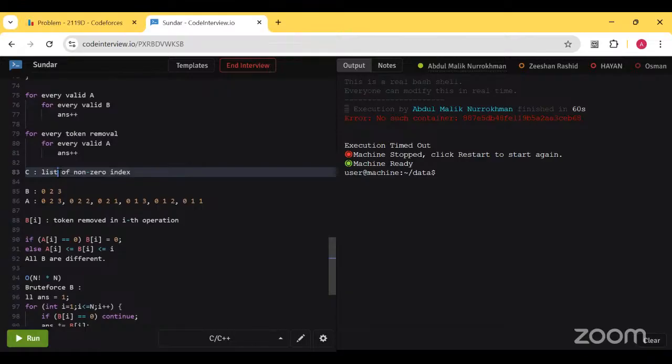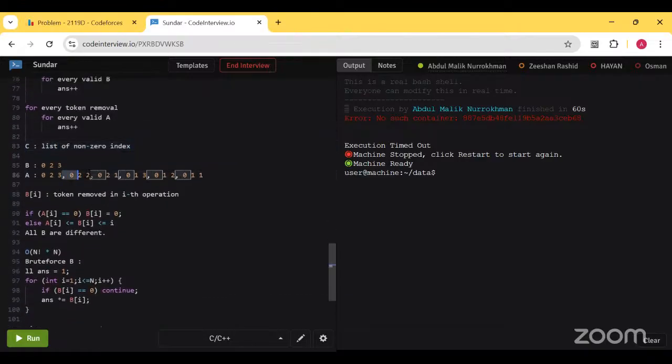Do you know what I mean? For example, in this case, the list of non-zero indices is index 2 and index 3, right? Because index 1 is 0. So do you know how many possibilities for C?